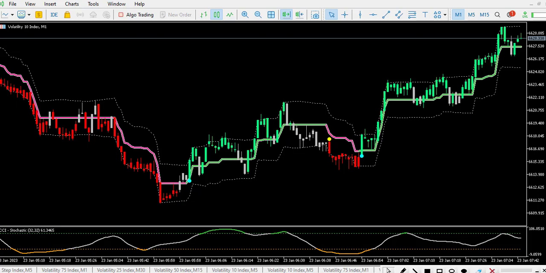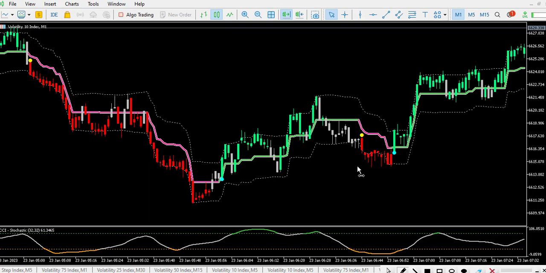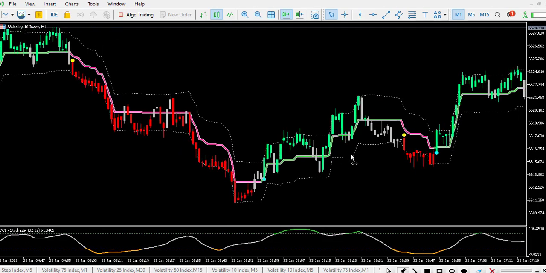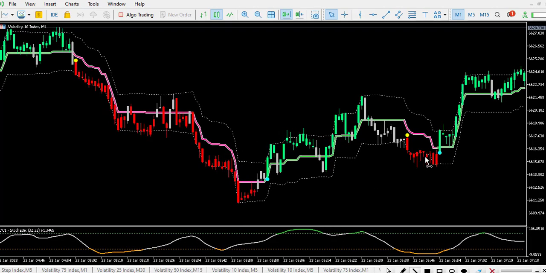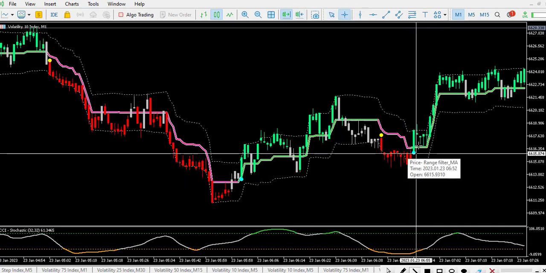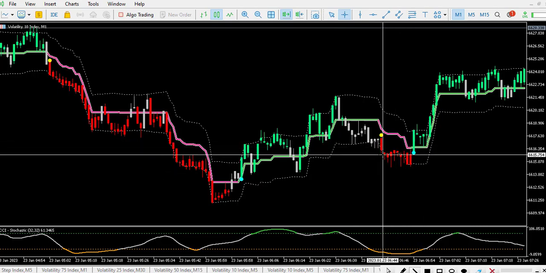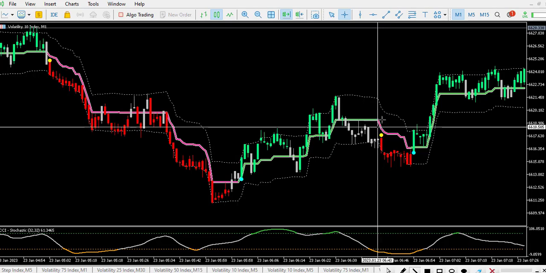Now we have this indicator here, that's giving us this color. This aqua color for buy, then yellow for sell, then this changes to red for a sell also.